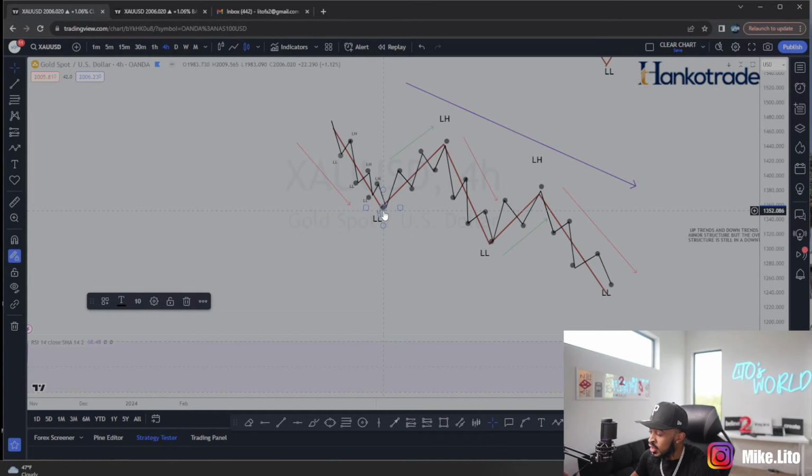Similar to how I talked about on that 5-minute scalping strategy, if you see the trends changing on a smaller time frame, you can take advantage of those opportunities, but you still have to understand that you are in an overall major structure downtrend, and that minor structure can always easily be broken.